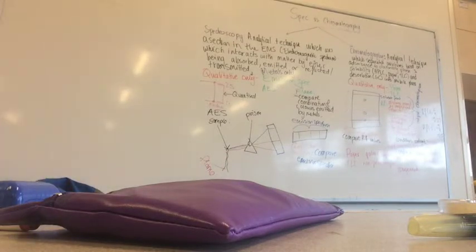Okay, it works out really well because for spec and for chromatography, we have two forms of techniques which are both qualitative and quantitative. And we have two forms of techniques which are just qualitative. So it actually works out quite well. What are the two techniques which are qualitative and quantitative for spectroscopy? Excellent. AAS and UV vis.